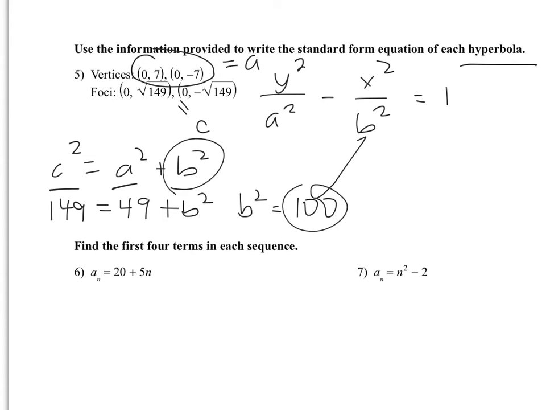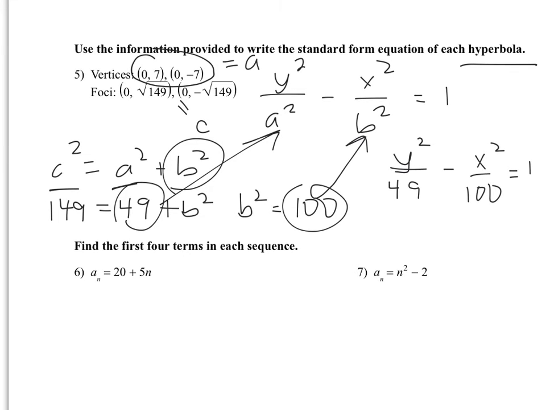That's the value that's going to go there for b squared. A squared was 49. That goes there for a. So the equation becomes y squared over 49 minus x squared over 100 equals 1.